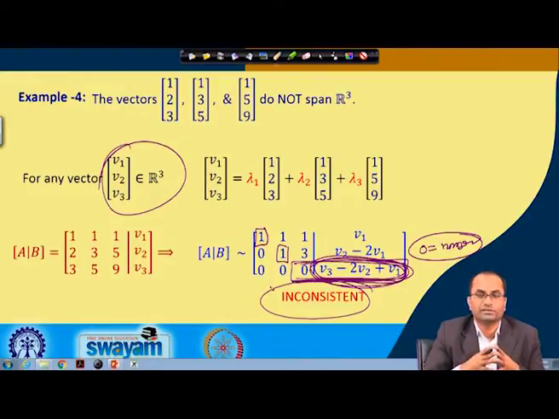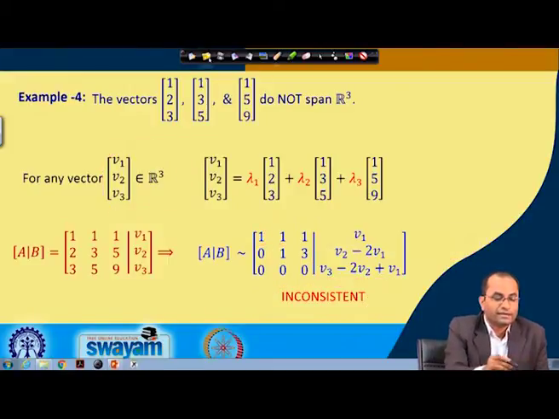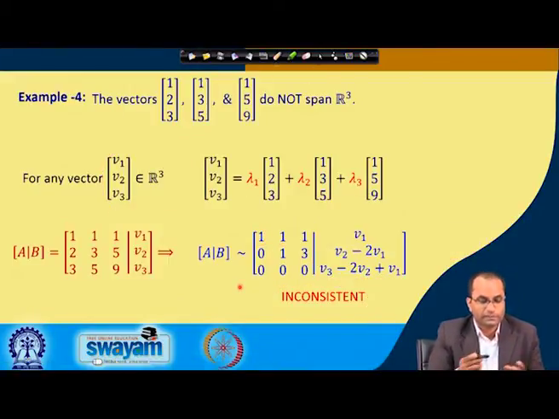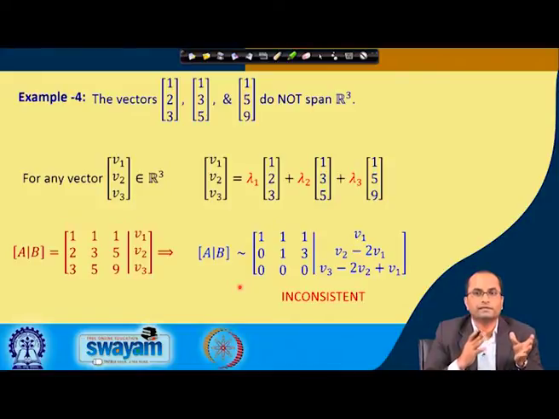So, what we have observed is that just the number is not important, that we have taken 3 elements from R3. In the third example we have taken 4 elements from R3. In the first 2 examples we have again taken only 3 elements. In the first 2 cases we had a unique representation for a given vector from R3 in terms of the given vectors.